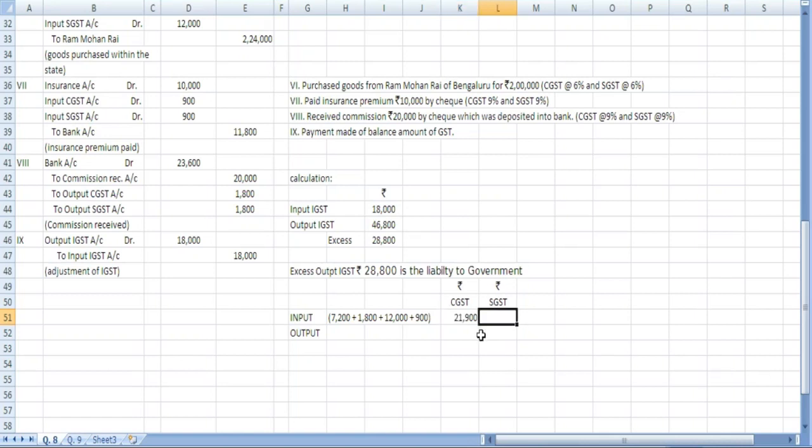Same will be with SGST, 21,900. If you want to check, you can recheck. So let me recheck over here whether it is done.